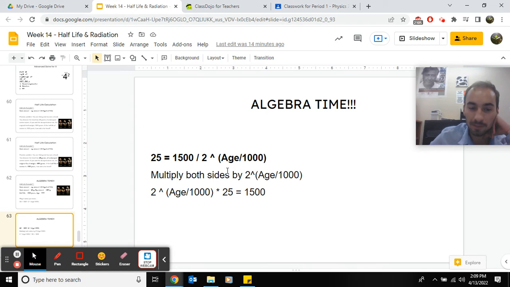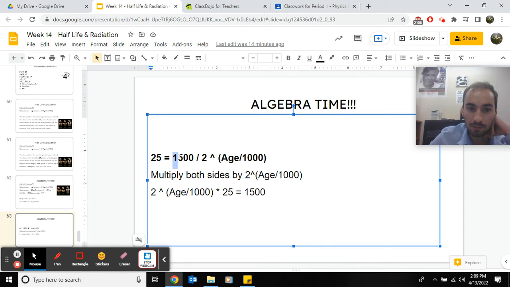So basically what we did, here's a formula. We wanted this part by itself. So we multiplied both sides by this, and then this canceled out with itself, and it moved over here. So 2 to the power of age divided by 1,000 times 25 equals 1,500.